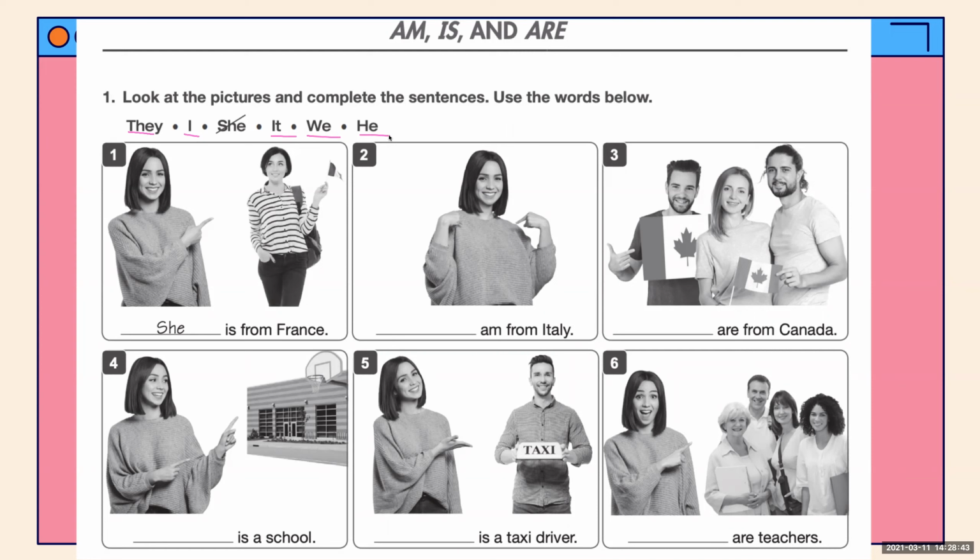Four, blank is a school. Five, blank is a taxi driver. Six, blank are teachers. What I want you to do is pause and then practice doing this on your own. As soon as you're ready, you're going to press play and then you'll continue to the next slide.